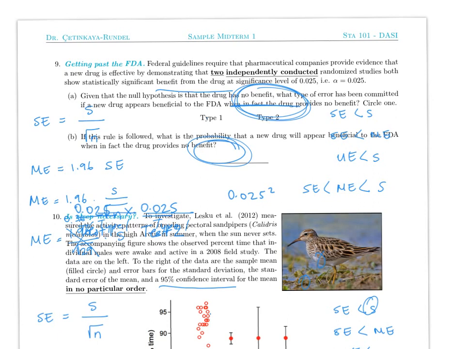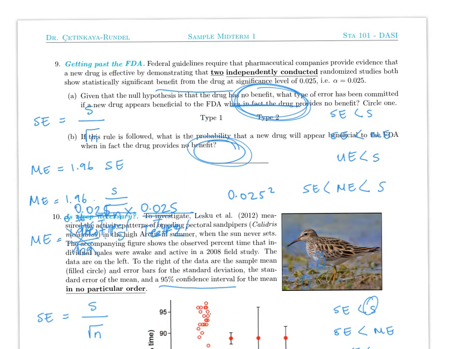We have 2 independent tests, right? So you need test 1 and test 2. And each one of these, you make that mistake. The probability of making that mistake in test 1 is what? 0.025. The probability of making that mistake in the second test is what? If they're independent, then it should also be 0.025.